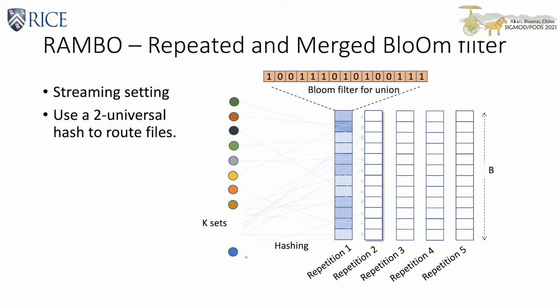Now we do the second repetition, and so on. Let's note that in the streaming setting, we use R different hash functions and assign a set to R Bloom filters for union simultaneously.